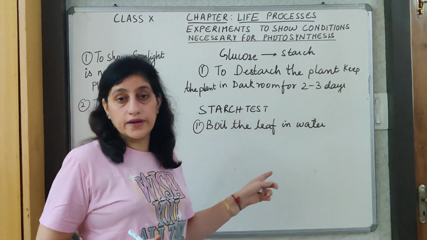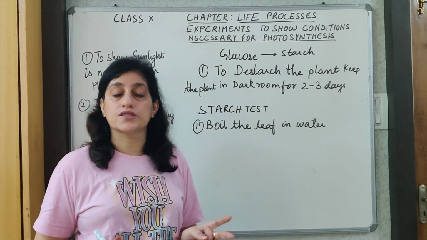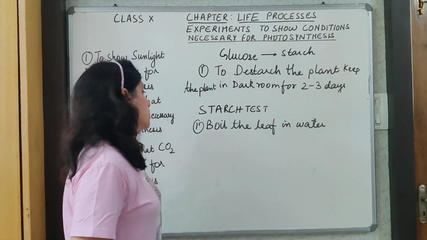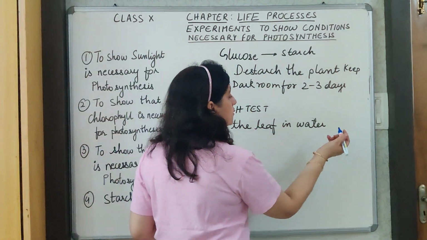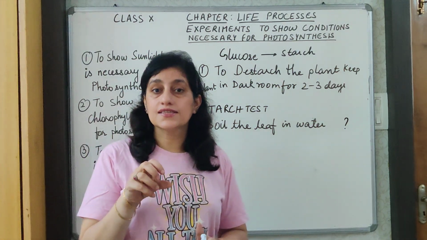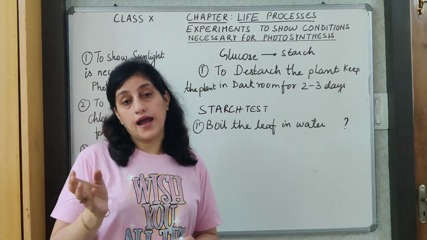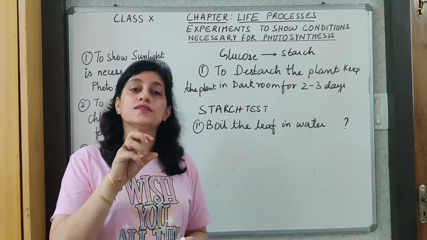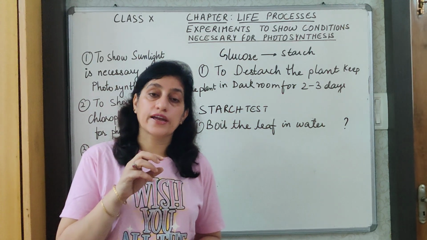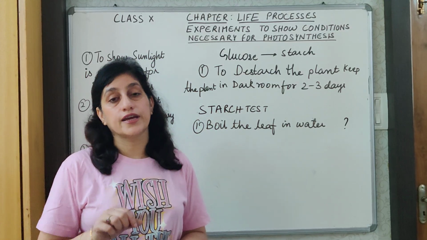Every statement, every test has a reason, and if an activity based question is asked, these are the type of questions which will be asked from you. So first is boil the leaf in water, and why is it boiled in water? To kill the cells so that the cell membrane becomes permeable and allows our experimental things to go into the cells, so that when we are trying to change the color, or when we are trying to test, it goes easily into it.